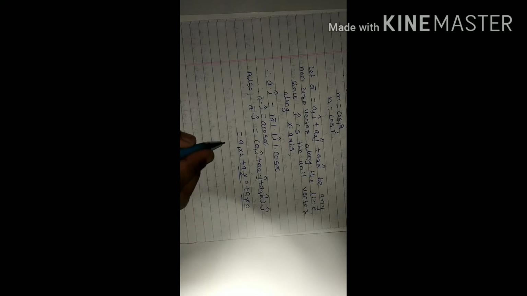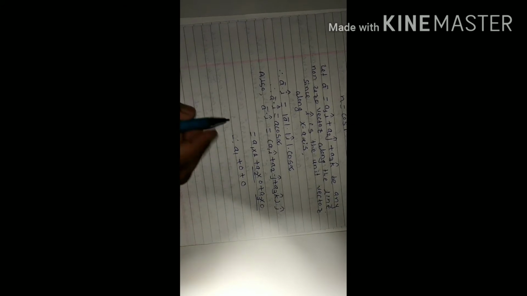A2 into 0 and A3 into 0 are 0. Therefore, we get A bar dot I cap is equal to A1.